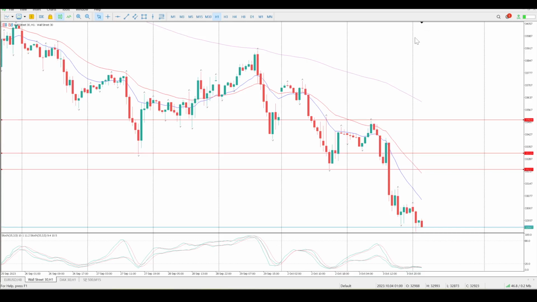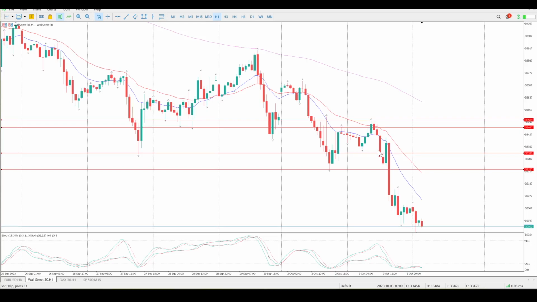Hindsight being the absolute perfect science, as it always is, this is the zone that we were watching yesterday, and you can see we did get an inside bar straight in that zone for a move down, then a move up, and then a bigger move down at the open.